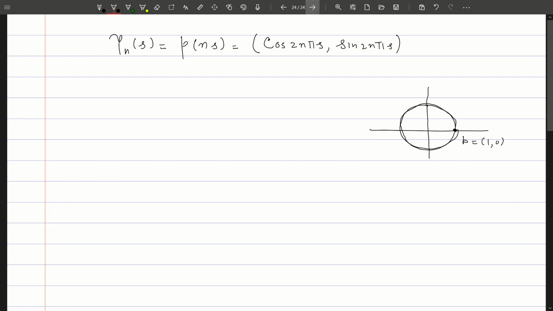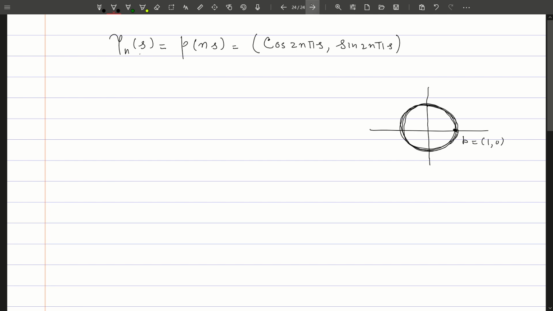For n equal to 2, we have cos of 4 pi s, sine of 4 pi s. That means as we vary s over the interval 0 1, this loop will travel around the circle two times. So for general n, this loop will turn around the circle n times.